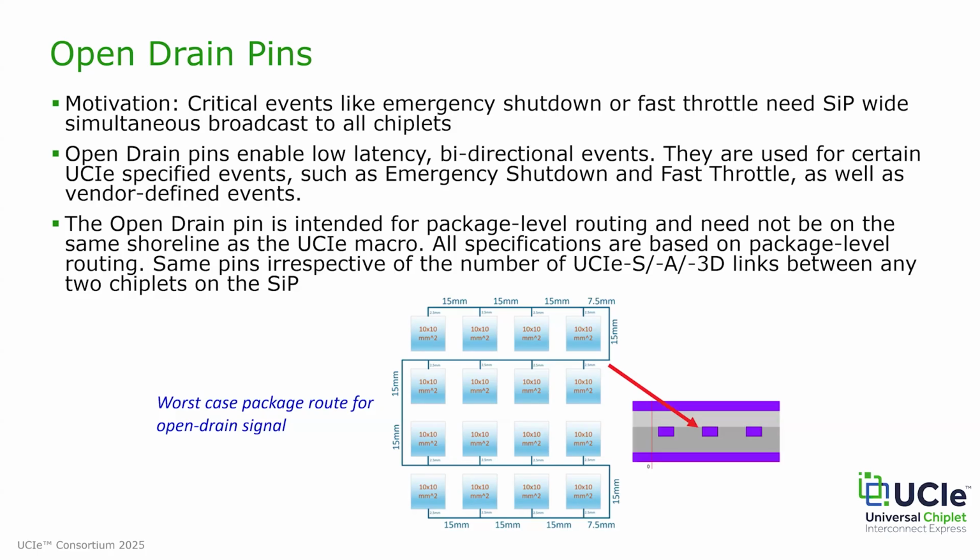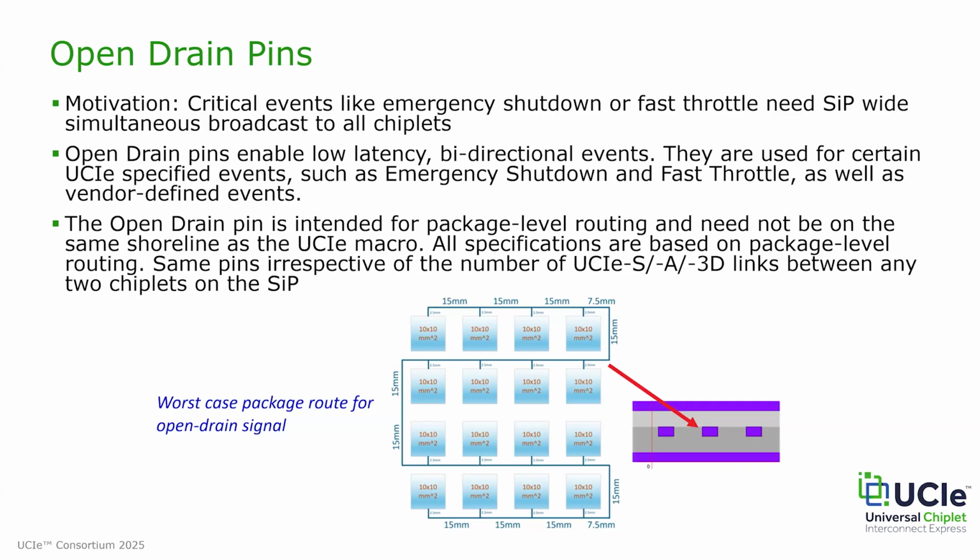There are two categories that are defined, and we'll talk about that in the next slide. Now, these are not part of the UCIe link. They're not in the main band. They're not in the sideband. They're defined by UCIe so that multiple chiplets just have the same mechanism across all the vendors and they will interoperate. So you're not going to find that in the pin map of the standard UCIe bump map, right? You provide it wherever you do because it's just two of them for your entire chiplet. It's the same two pins.